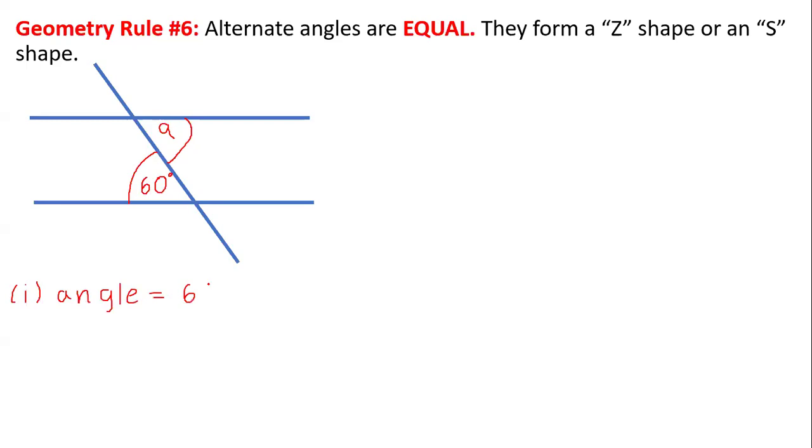60 degrees. Why does angle A equal 60 degrees? Because of alternate angles, right?